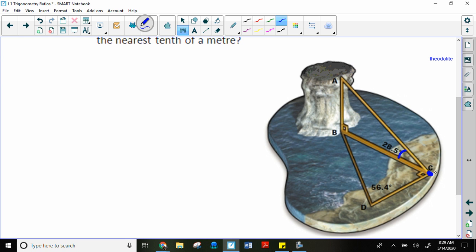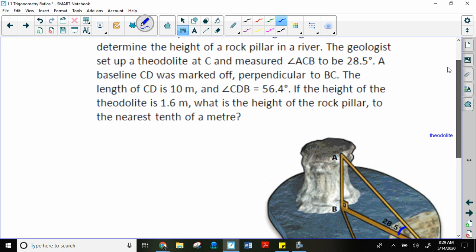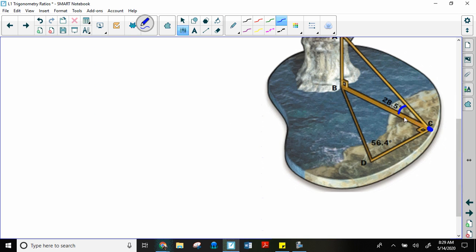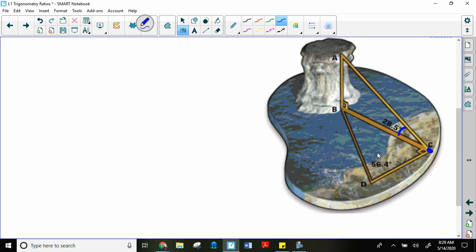So what they do is create a second triangle, a right triangle. Based on where they are, they create a baseline that is perpendicular to what they're trying to find, so this is straight across. They've created a 90-degree perpendicular, and by doing this they're able to make a flat triangle. This triangle's up in the air, this one is flat on the ground, and they can measure this side and an angle.